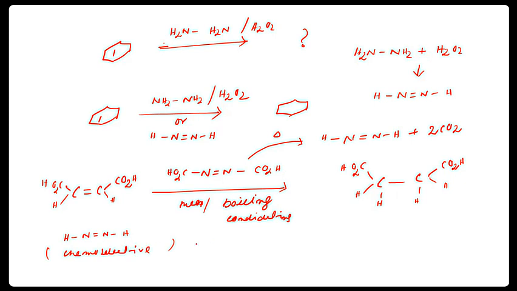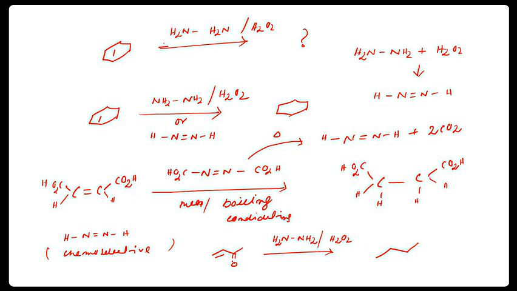This is chemoselective also. Chemoselective. How? Let us see the following examples. So we have these things: double bond O. You treat this with hydrogen, and as it is hydrogen, we have to use a peroxide. So it generates diimide that reduces this double bond.